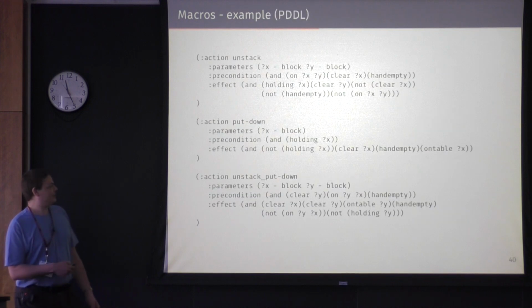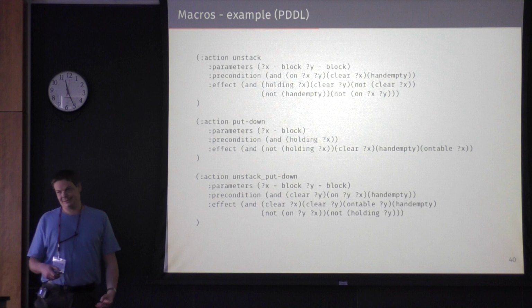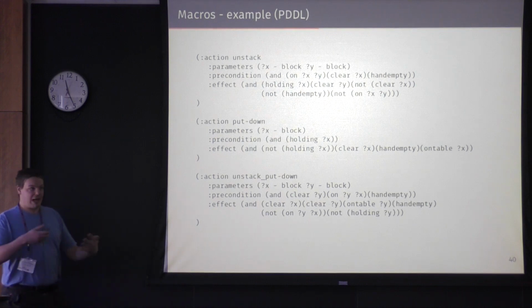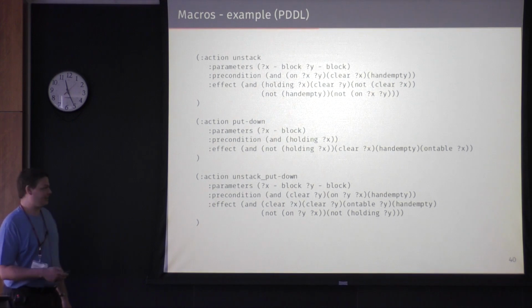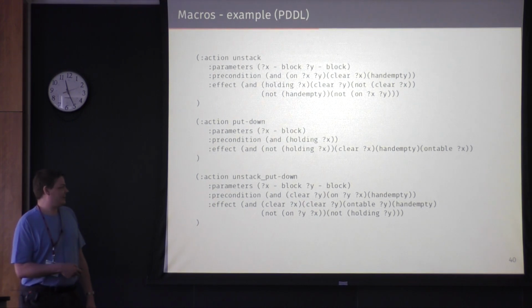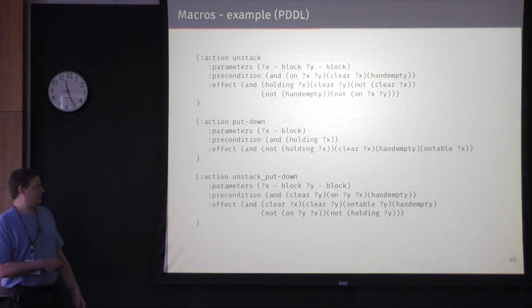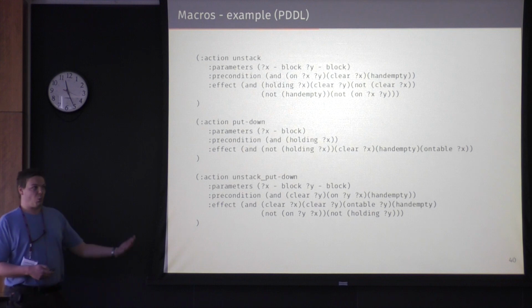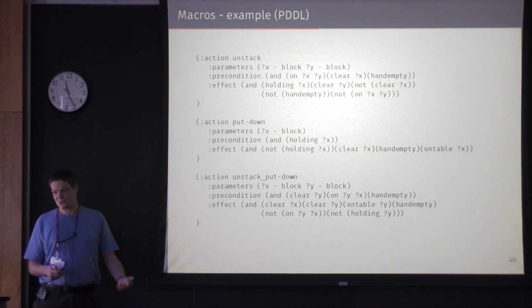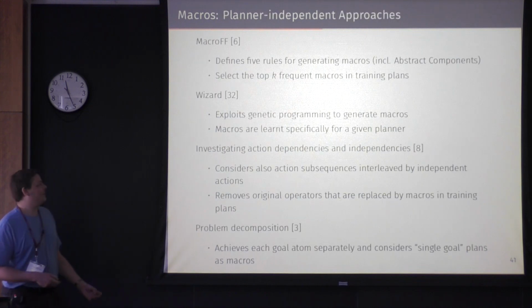This is the PDDL encoding for unstack and put down, and this is the resulting macro operator, unstack-put-down, that puts this sequence of operators together. As you can see, it has a similar structure: you still have preconditions and effects. That's why macro operators are so widely studied.